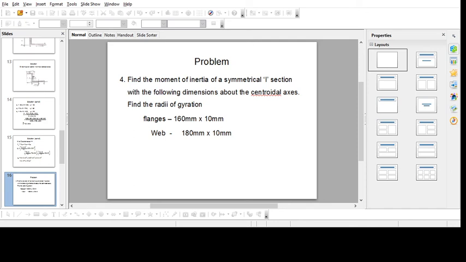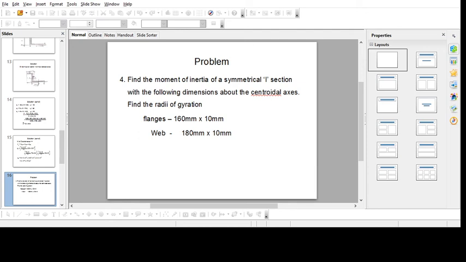But while taking the y term, we are taking the additive method. It means whatever we have followed till now, that is section 1, section 2 and section 3, and taking the sum of all the sections, right? So here we are not considering the box, we are considering the I section only. Previously we considered that box, and from that box we removed the left side material and right side material for x terms. But for y terms we are just taking these three rectangles, nothing but the web and the two flanges.